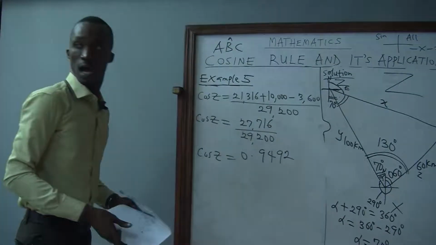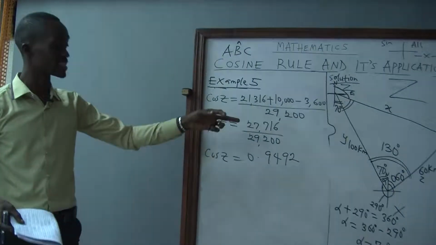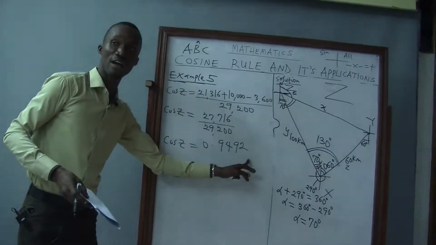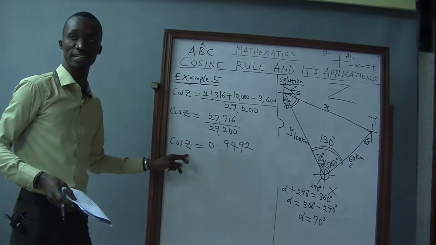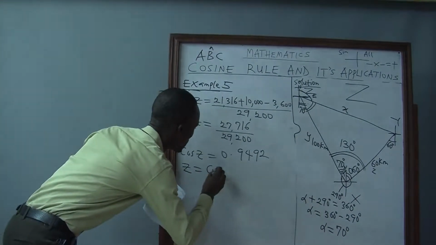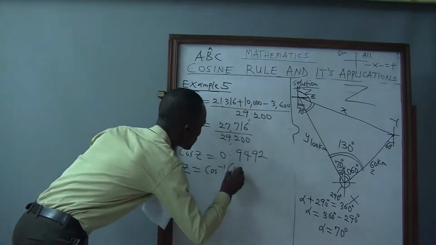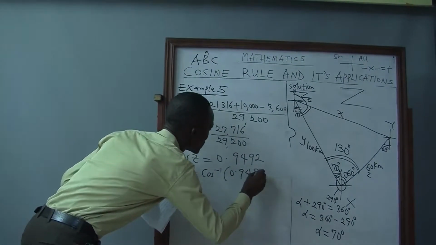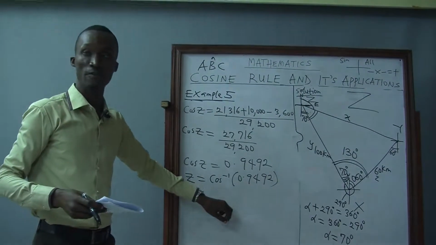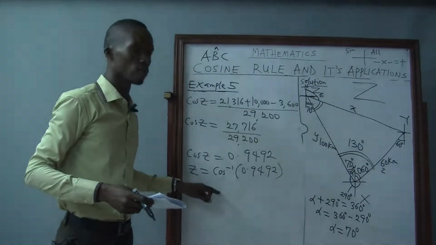So if you divide, we have cos z to be 0.9492. And when we get to this stage, the next thing to do is to take arc cos of what we have here to be able to generate angle z. So we have z to be arc cos of 0.9492. And the next thing is to go to our four-figure table under cosine of angles.